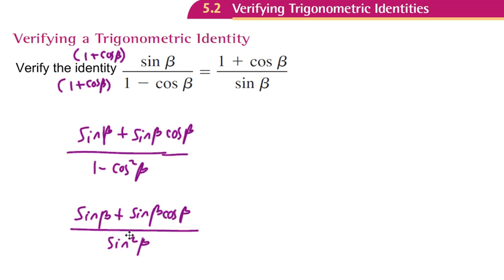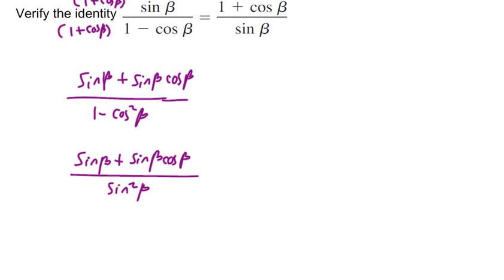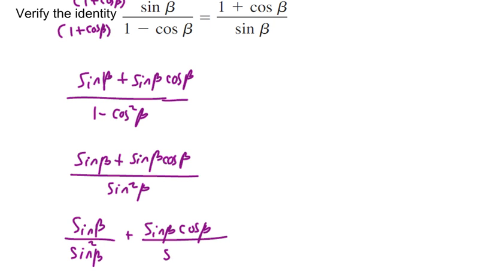Now that we have a monomial down here, I could go ahead and split this up into 2 separate fractions. So I'm going to say sine of beta all over sine squared beta, plus sine beta cosine beta all over sine squared beta.